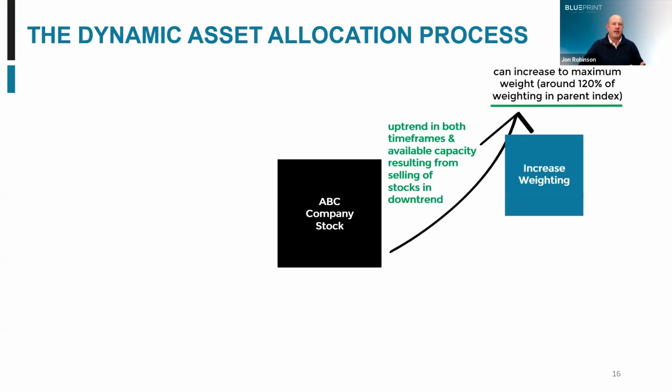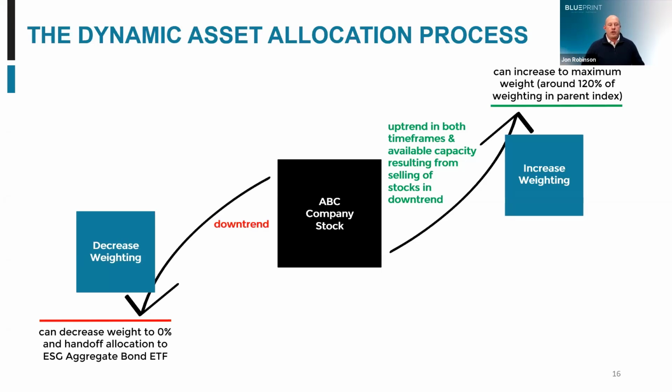So let's take the opposite case of a downtrend. In order for us to decrease weighting to a stock, which can decrease to zero, the stock in question has to be in a downtrend over one of the time frames. So if it's in a downtrend over the intermediate term and not the long term, we reduce its exposure by half.